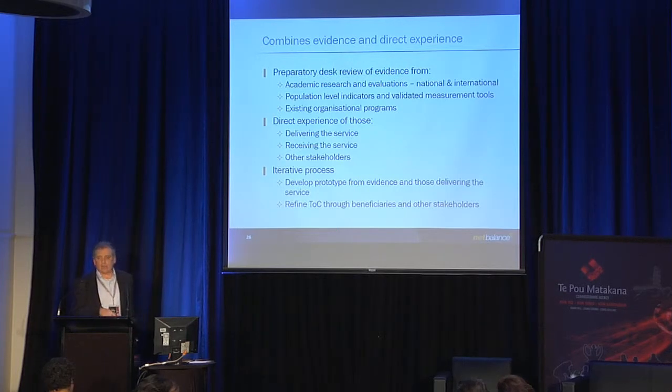Whether that be from academic sources or evaluations or from the organization's existing programs. But then crucially what it does is get those direct experiences of those delivering the services, those who are receiving the services, and other relevant stakeholders. And you go backwards and forwards until you feel as if you've got one of those diagrams which is robust, where you could put it in front of another team member and say, this is what we do, do you agree to it?